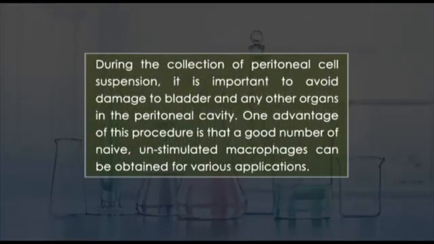During the collection of peritoneal cell suspension, it is important to avoid damage to bladder and any other organs in the peritoneal cavity. One advantage of this procedure is that a good number of naive unstimulated macrophages can be obtained for various applications.